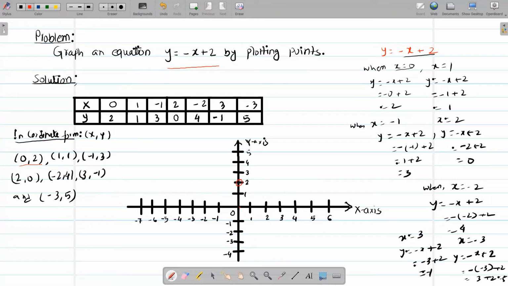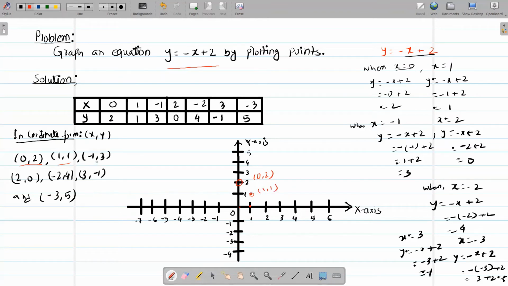So this point is 0 and 2, right? Now let's see other points, 1 and 1. So 1 positive and positive, so first quadrant. 1 is here and the other one is here. So our point is going to be here. So this is 1 and 1.